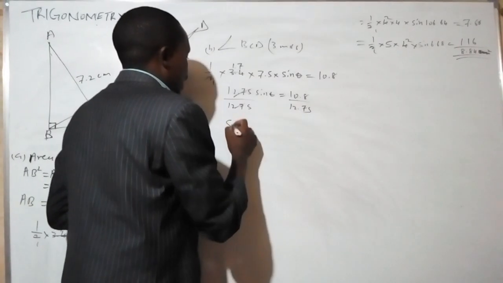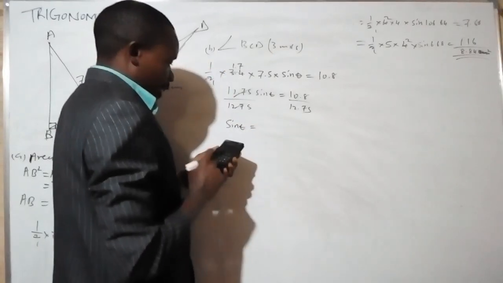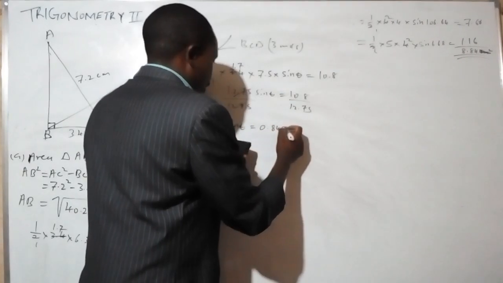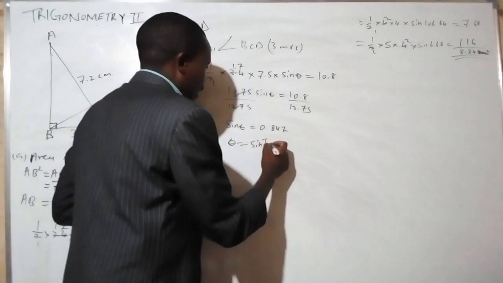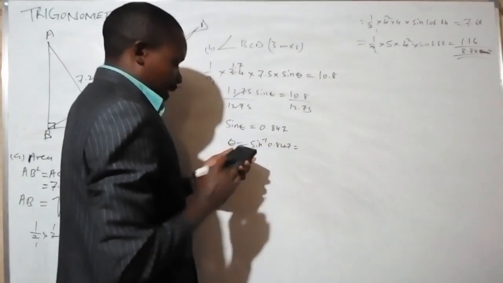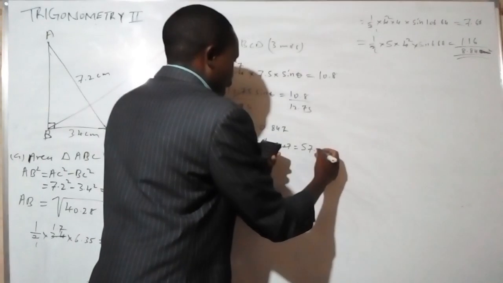Theta is the inverse sine of 0.847, which is 57.89 degrees.